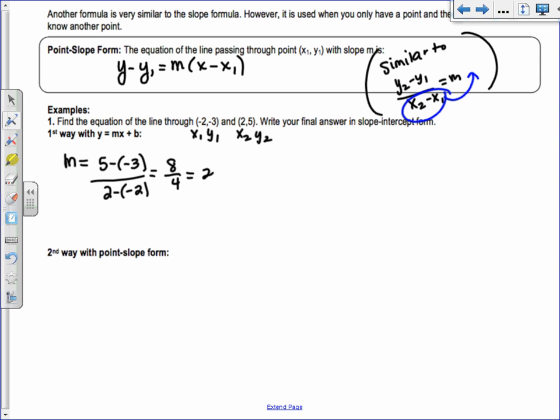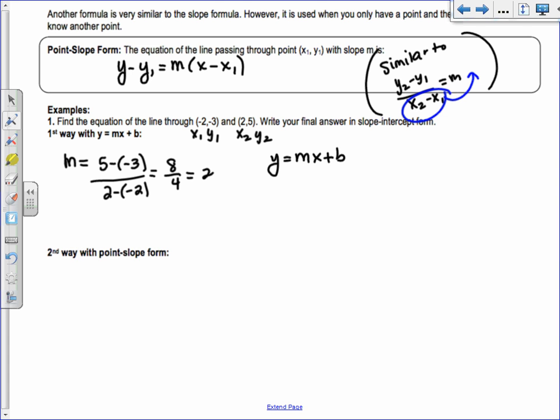All right, so I have my slope. I need my b value. When I look at those 2 points, neither one is 0 comma something. If it had been like 0, 7, that's your y-intercept, because if you think about how to plot 0, 7, you go over 0, up 7, it's along the y-axis. But I don't have anything in the form 0, comma something. So I need to find this y-intercept. I'm going to do y equals mx plus b.